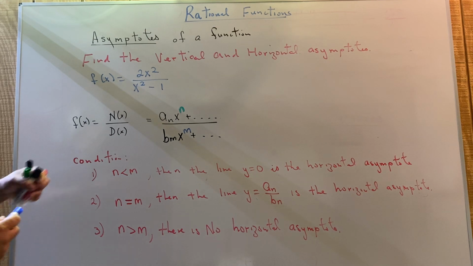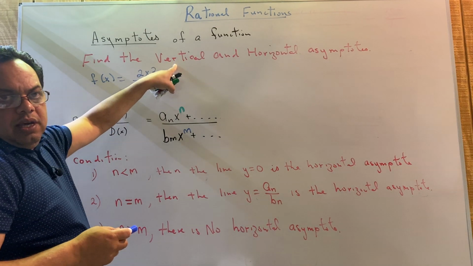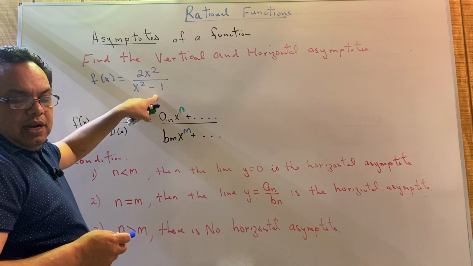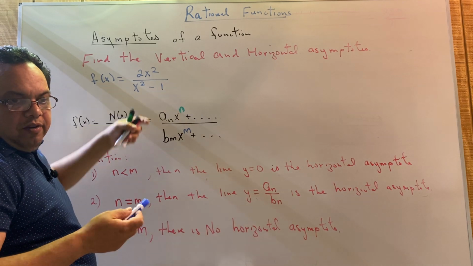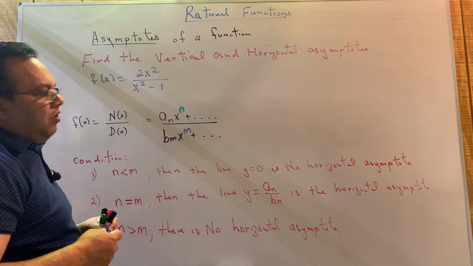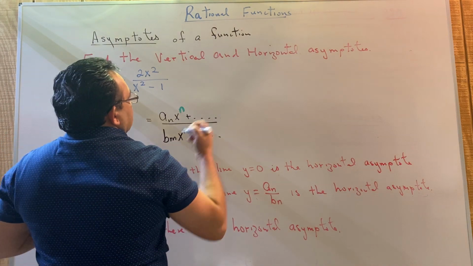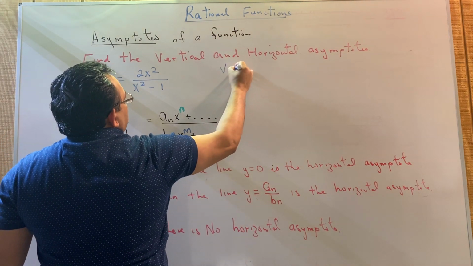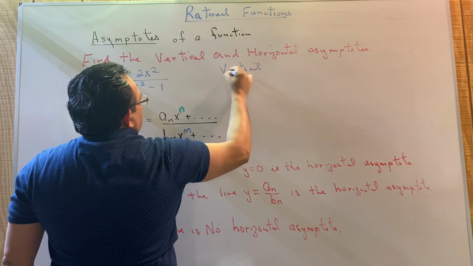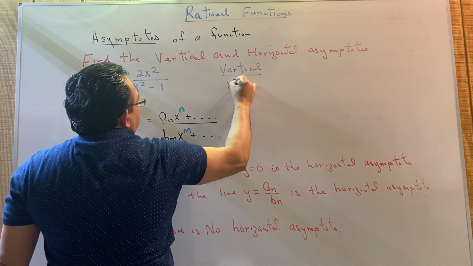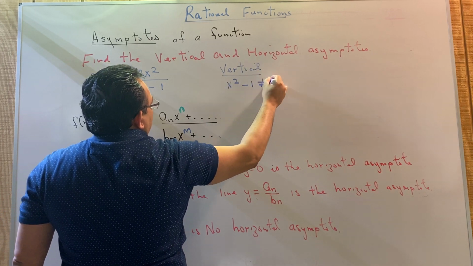Well, we know how to find vertical asymptotes. Take the denominator, set it not equal to 0, and the values that we obtain will be the vertical asymptotes. So for the vertical, x squared minus 1 cannot be equal to 0.